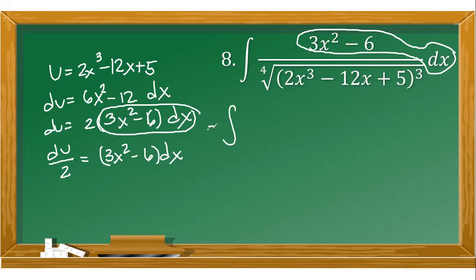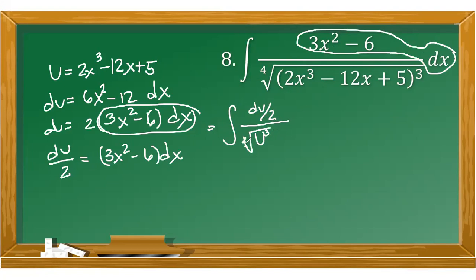Okay, rewriting our function or integral. So that is du over 2 or 1/2 du all over, okay, what we let is u, the fourth root of u cubed.